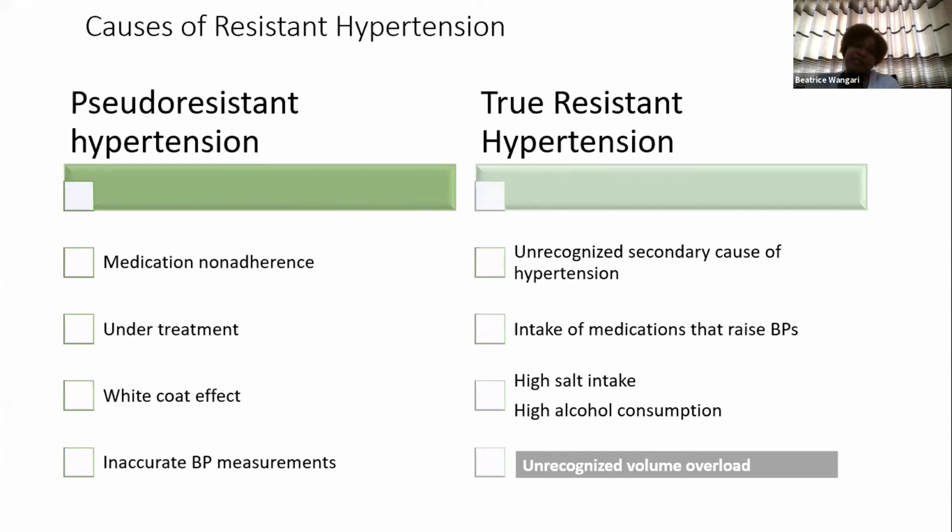So some of the causes of true resistant hypertension that we need to look out for when you're managing these patients is to look for unrecognized secondary causes of hypertension, because if you make the diagnosis, some of these are actually reversible on treatment. You need to take the patient's medical history and medication history, and find out whether they're concurrently taking medications that may raise or affect blood pressures.